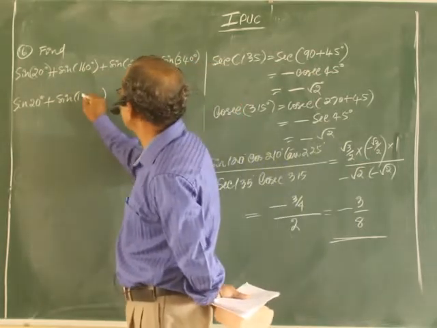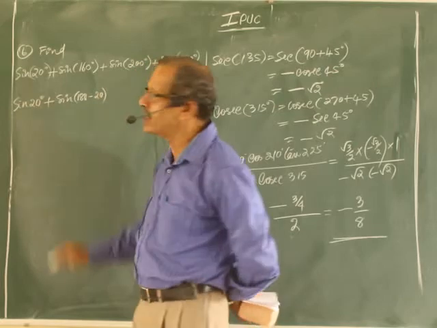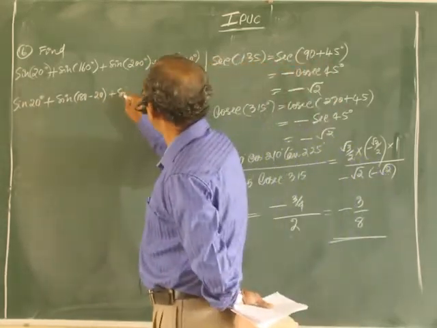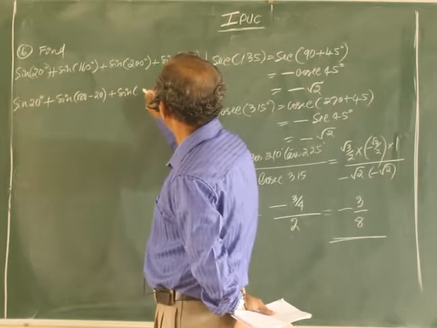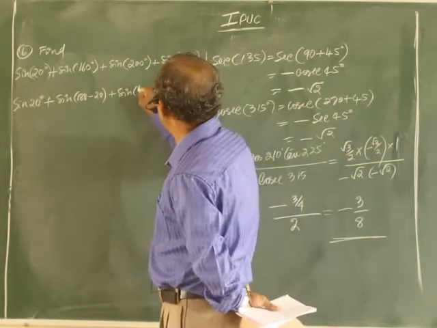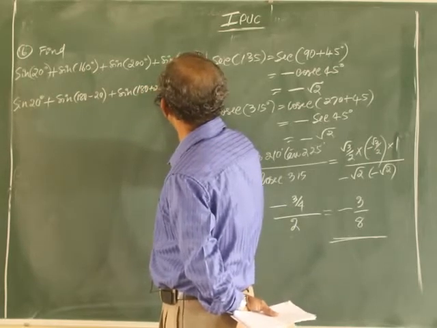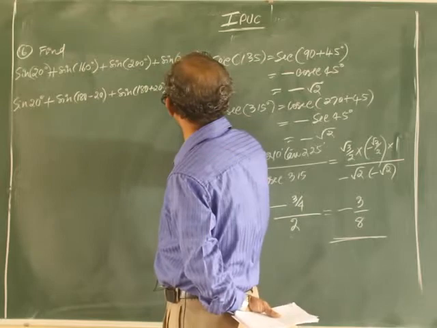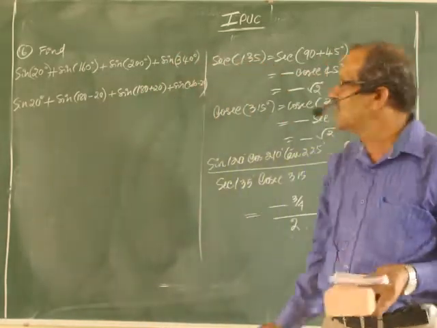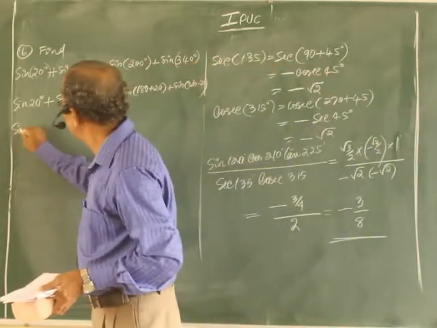Let me write 180 minus 20, because there will be some relation with 20. Instead of writing 270 minus 70, let me write 180 plus 20. Last one, 360 minus 20.